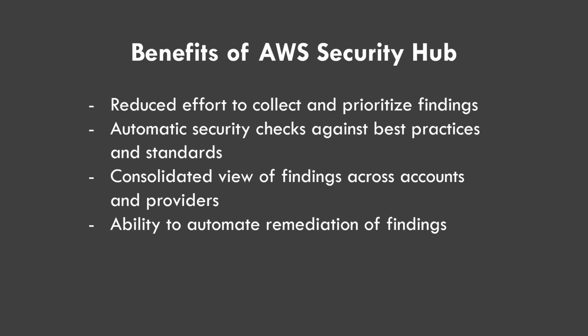As I said, this is not limited to one account. You can use Security Hub to get your findings across different accounts within the organization. So I hope the basic concept is clear to you, like why Security Hub was introduced by AWS and what the benefits of using Security Hub are.